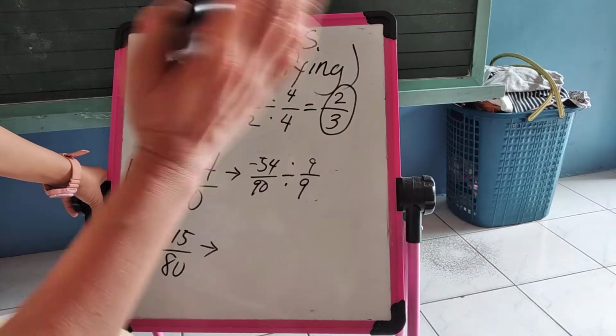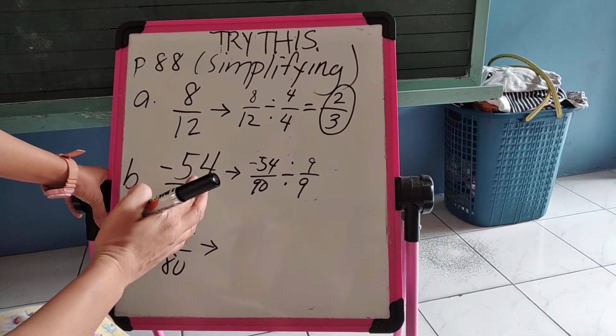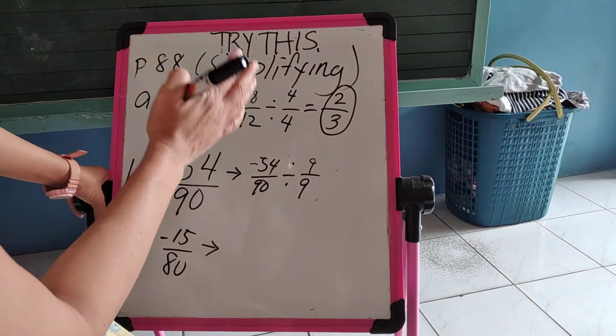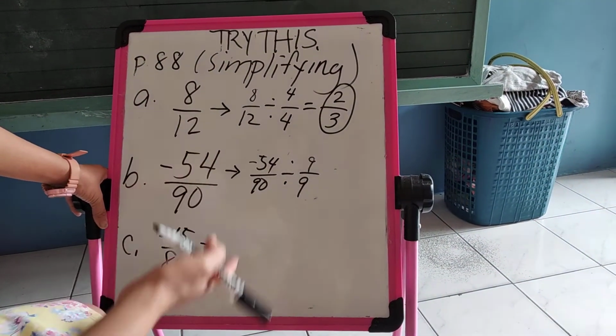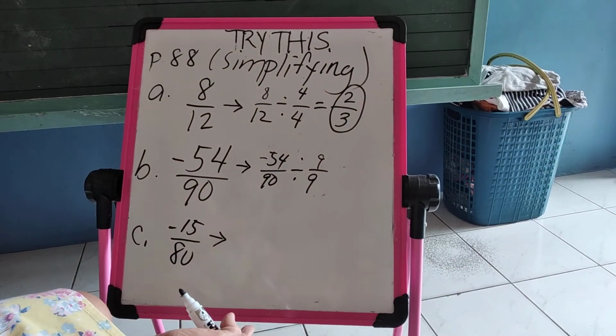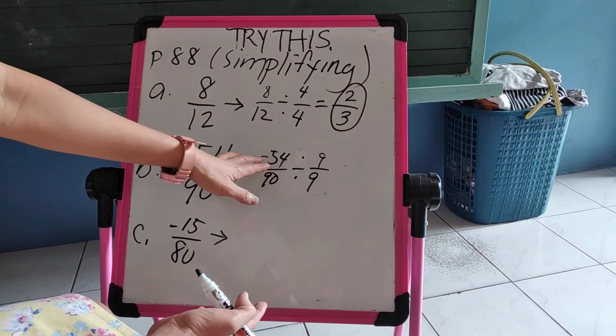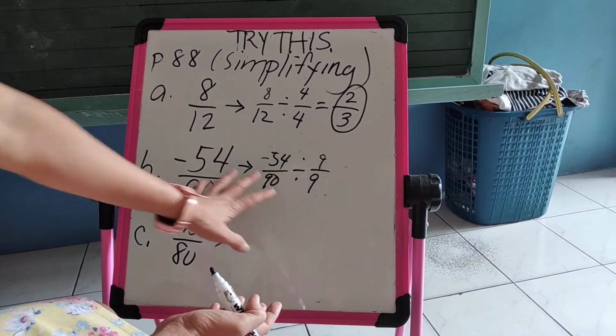So whatever you do in the numerator, the rule should always be like this. Whatever you divide in the numerator should also be done in the denominator. So if you divide your numerator by 9, then divide your denominator by 9 as well.